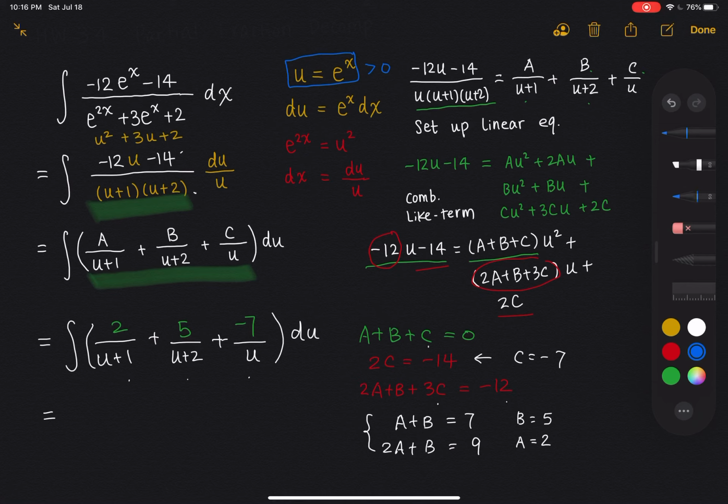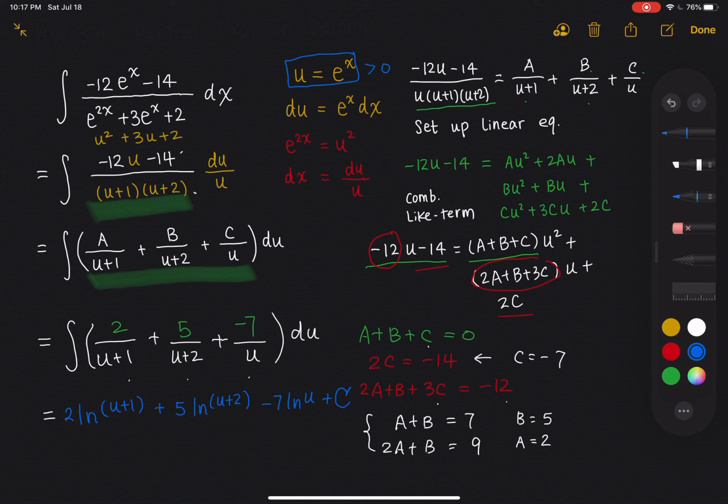So when you do the integral, the antiderivative, you get 2 ln of u plus 1, plus 5 ln of u plus 2, then you minus 7 ln of u, then plus the constant c.